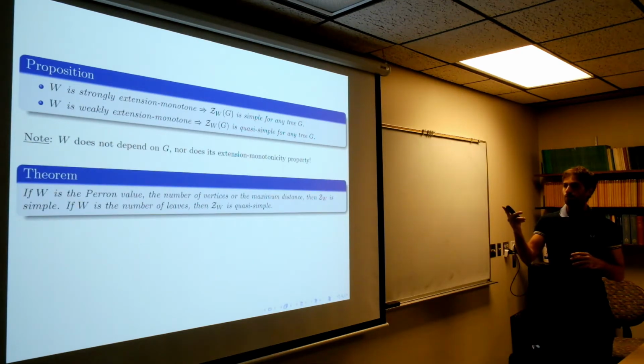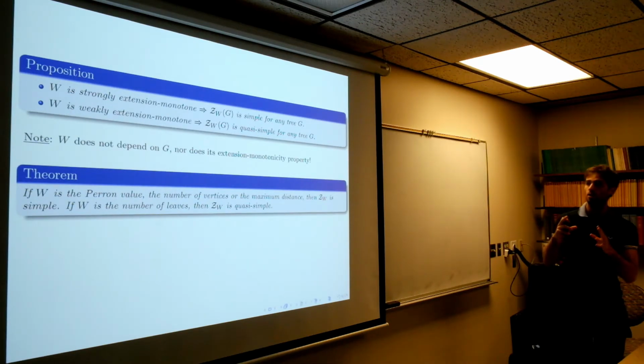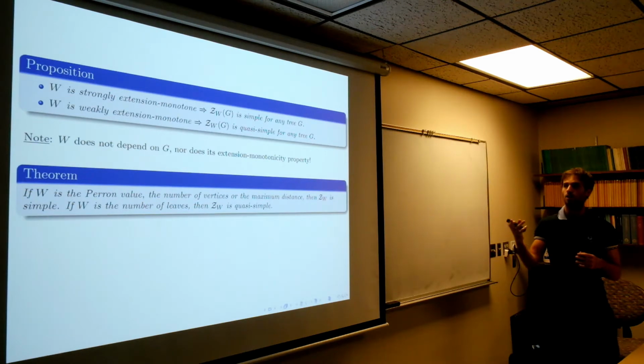Okay, so let's apply this proposition on the examples we saw before. The Perron value is strongly extension monotone, right? The spectral radius of a square submatrix of a big matrix with only positive entries is always strictly less than the spectral radius of the big matrix. This comes from the interlacing theorem. The number of vertices is again strongly extension monotone, right?